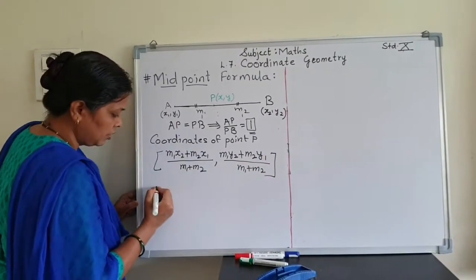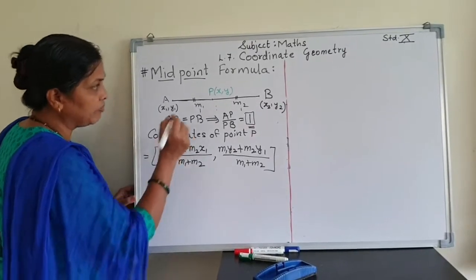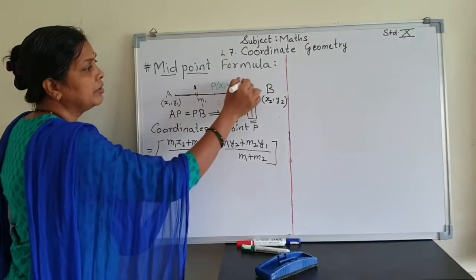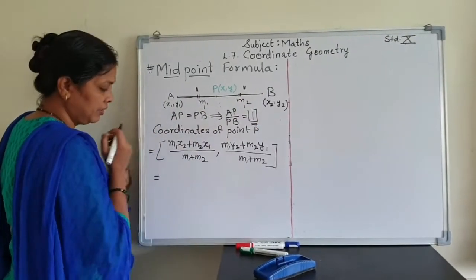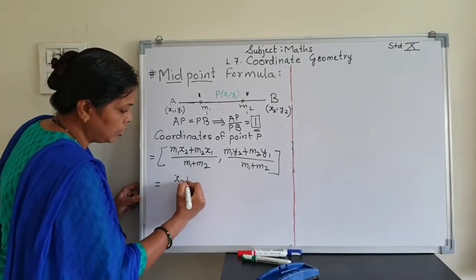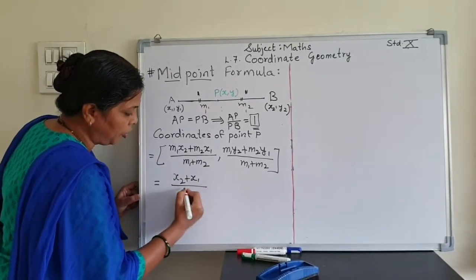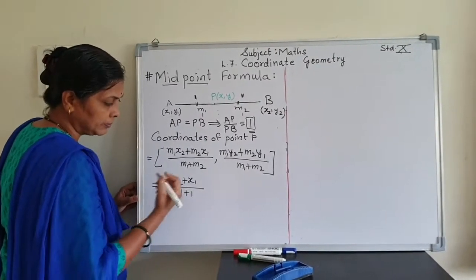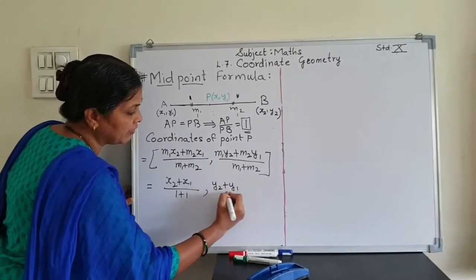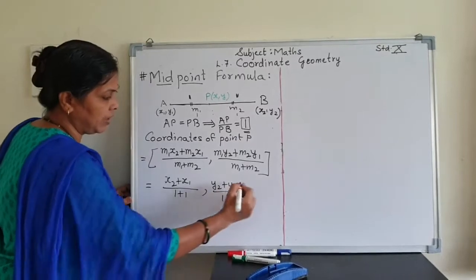Here m1 is 1, equally divided, so ratio is 1:1. So we get (x2 plus x1) upon (1 plus 1) and (y2 plus y1) upon (1 plus 1).